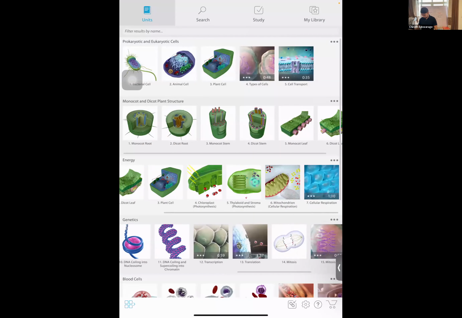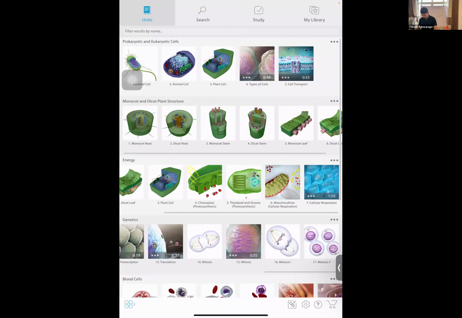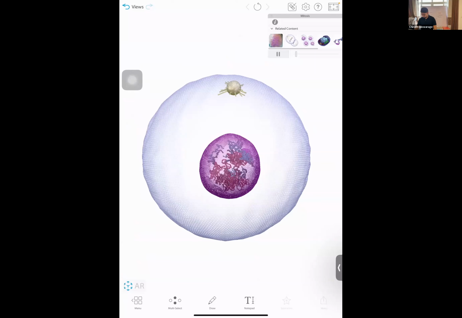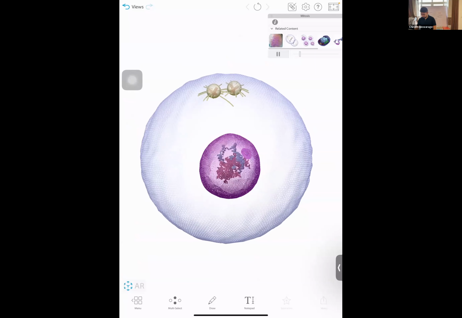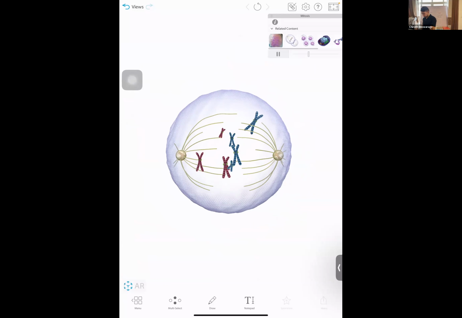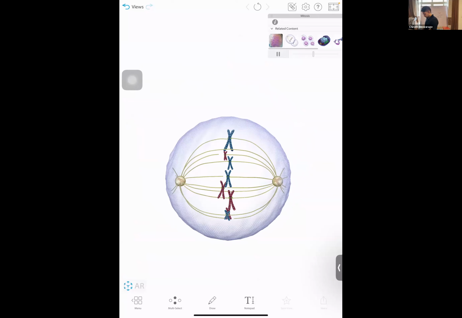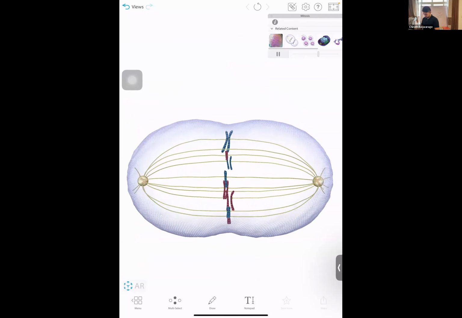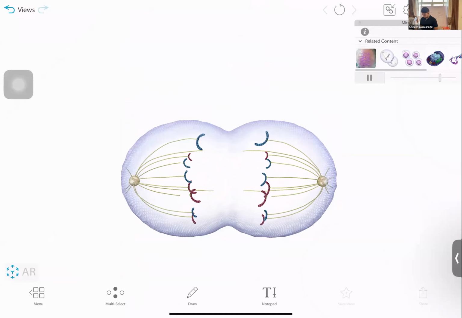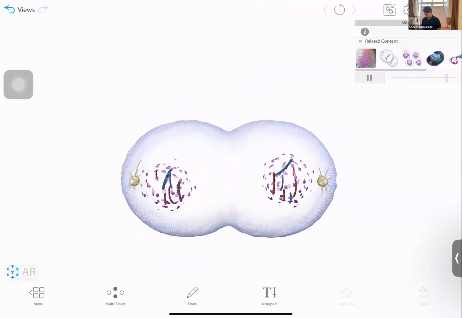We'll have to learn about mitosis and meiosis in detail. This is an animation of how cell division takes place. This is cell division. One cell is going to be two.